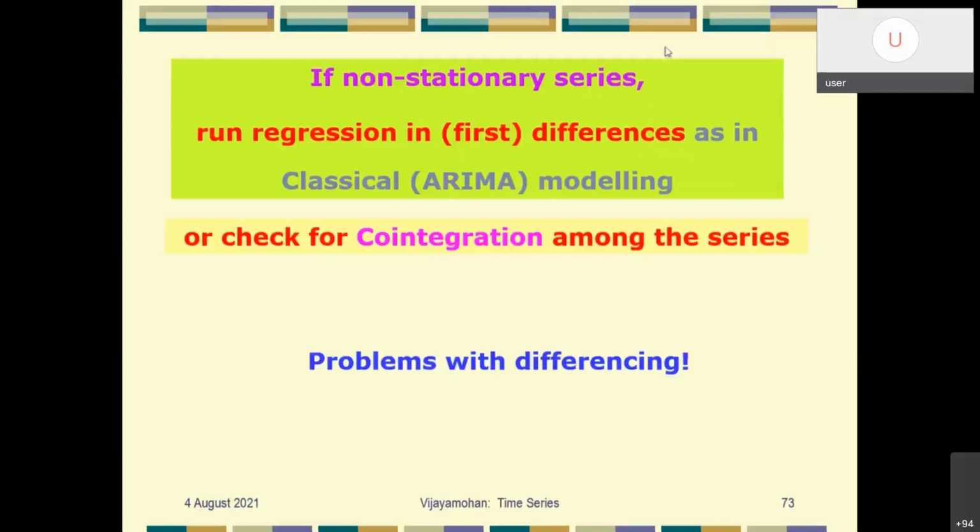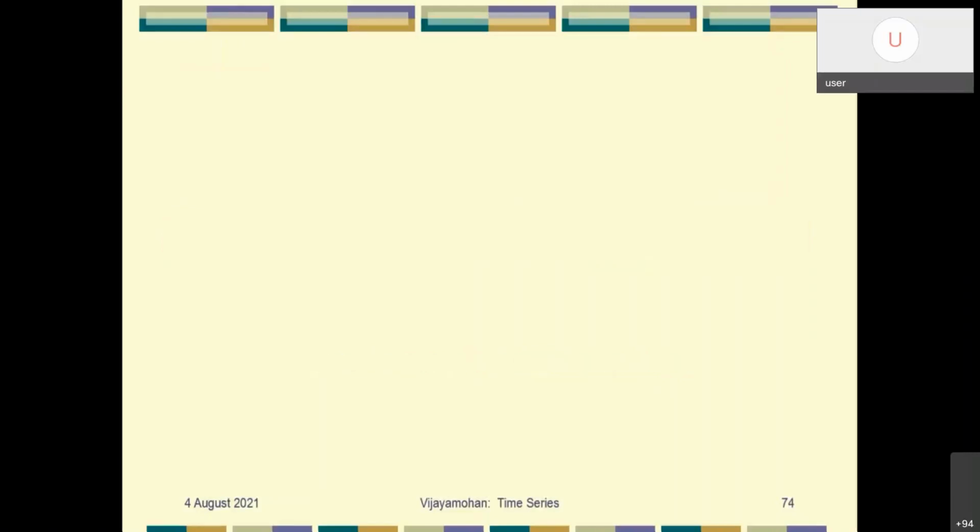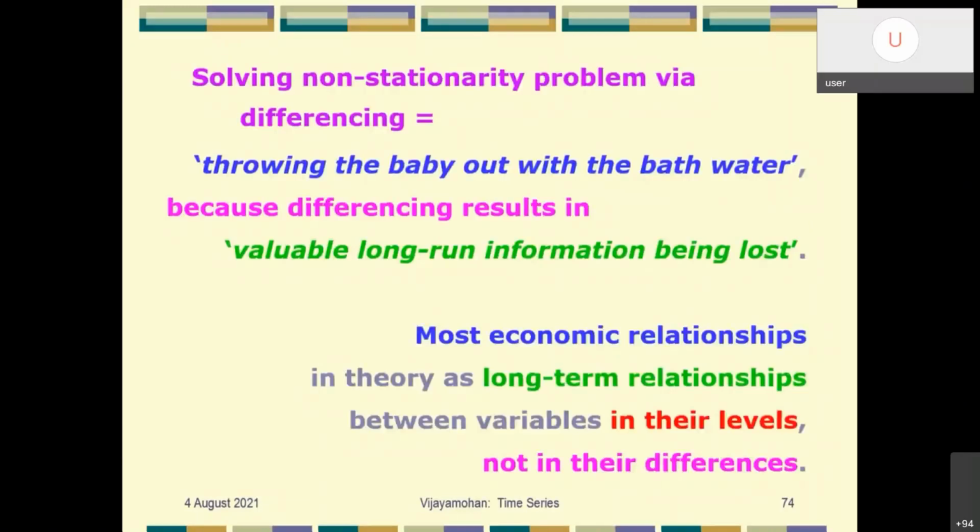So in the classical approach, we have to difference the series, and later econometricians found that there are some problems with the difference. What are those problems? By differencing, actually, we are losing something. What are we losing? We are losing the long-run information.